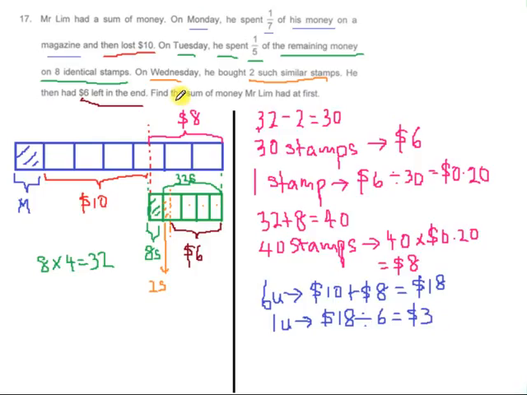The question is asking us to find the sum of money Mr. Lim had at first. So he had a total of 1, 2, 3, 4, 5, 6, 7 units of blue model. So it's just 7 units, which is 7 times $3. That will give us $21.